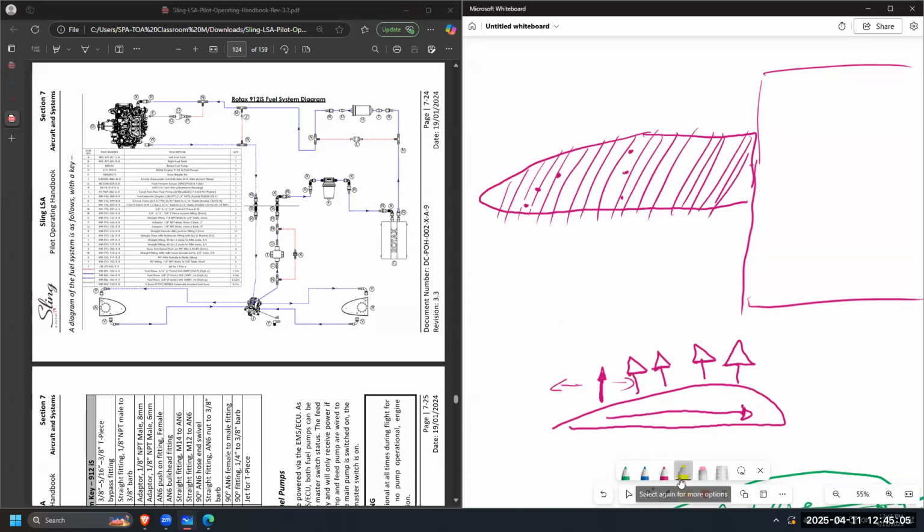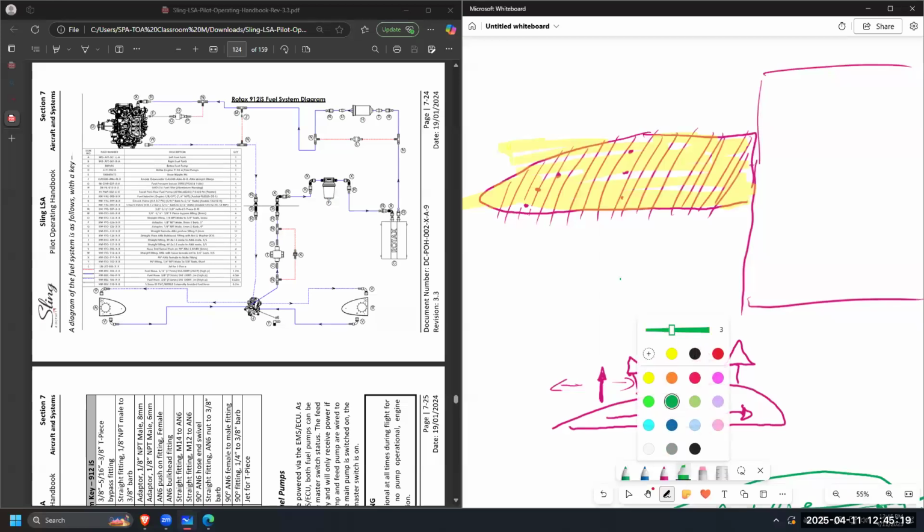So at first, with no angle of attack or slight angle of attack, you have the entire surface that is able to create what? Lift. If you're increasing your angle of attack, now it's only the green area that is producing lift, correct?